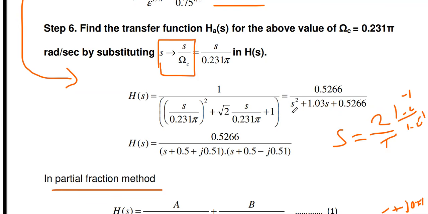So the first step and last step will vary between the impulse invariant method and the bilinear transformation method: the analog frequency formula as well as the procedure. For bilinear, you just follow the bilinear procedure. If it is impulse invariant, you follow the partial fraction, find the coefficients and substitute them. Okay, so this is the difference between the two methods.